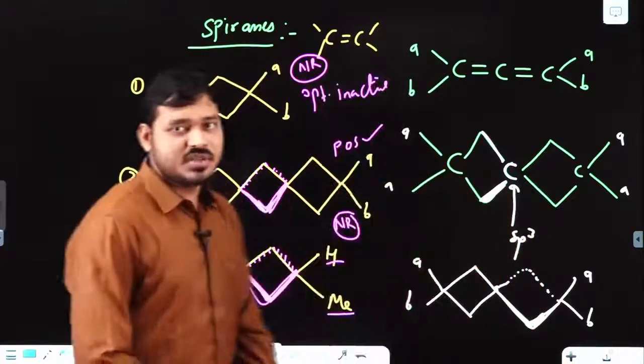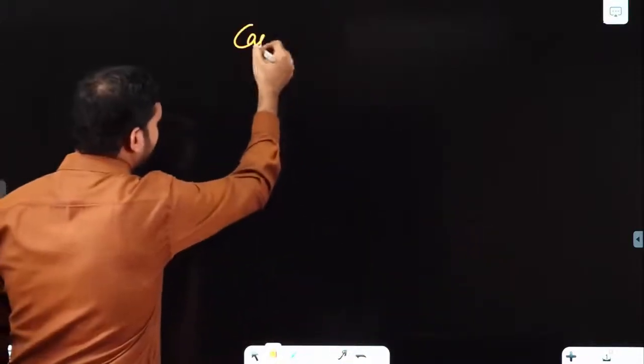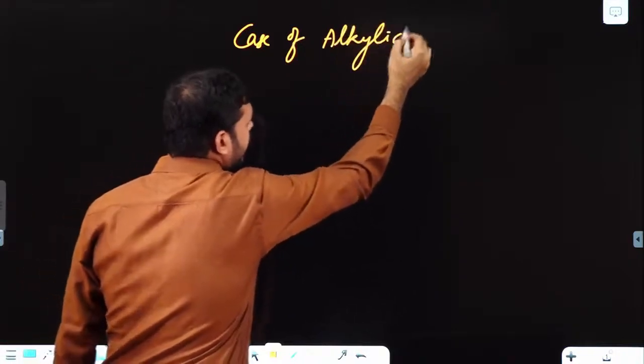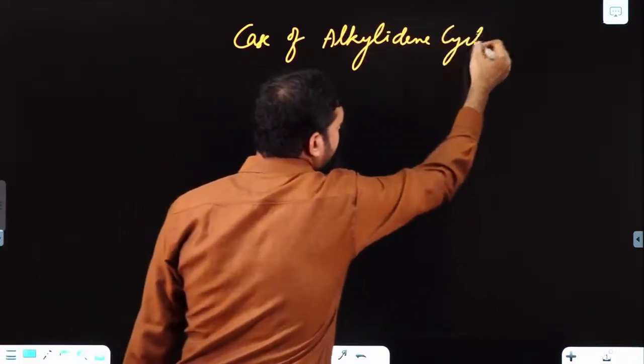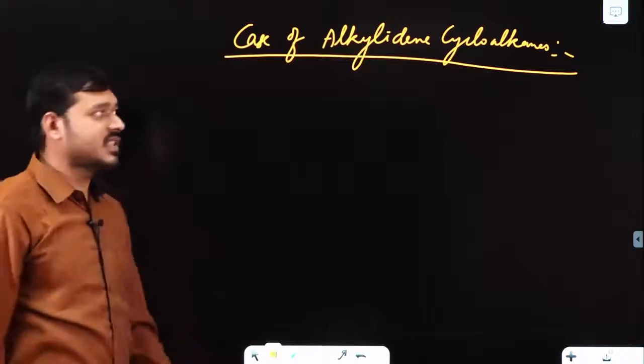Okay, now let's check one more case: the case of alkylidene cycloalkanes. Now what happens in the case of alkylidene cycloalkanes?